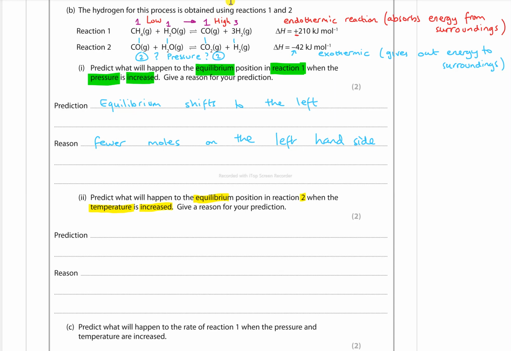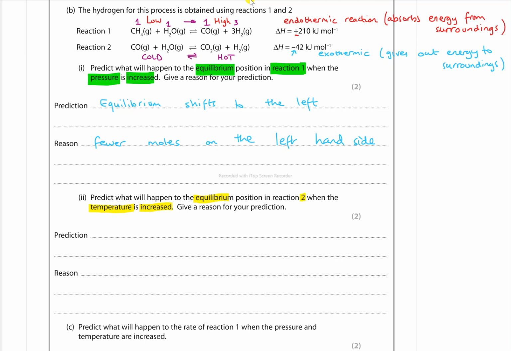They're not talking about pressure, they're talking about temperature. So let me just remove this, and so we're just looking at reaction 2. Let's start that again. We're talking about temperature, right? This is exothermic, so this is the hot side, the high temperature side, this is the cold side.